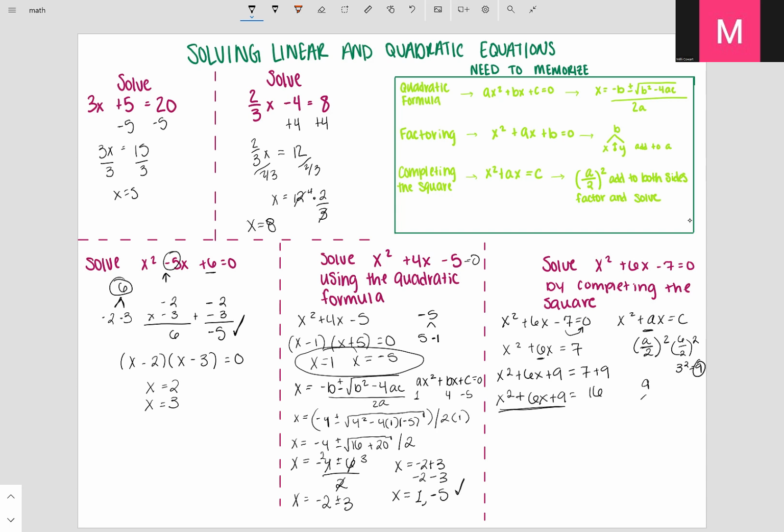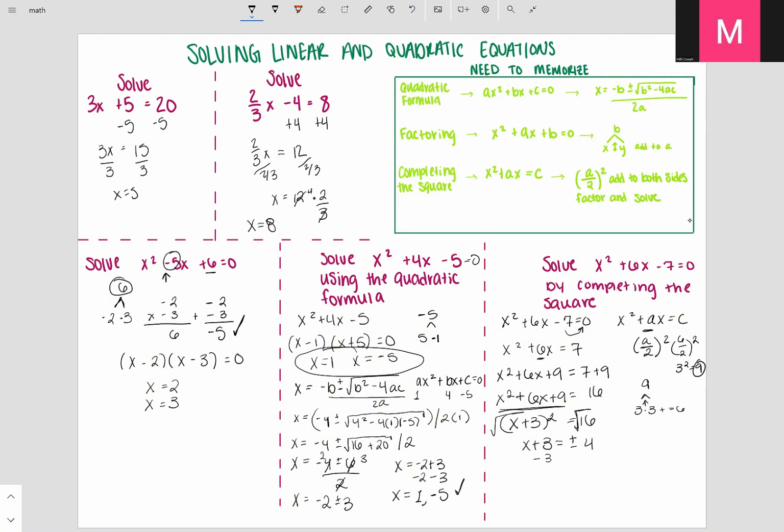So we have 9, multiplying 3 times 3 equals 9, and adding them equals 6. So we say x plus 3 squared equals 16. And this is what we mean by completing the square. So we'll take the square root of each side, and we'll have x plus 3 equals plus or minus 4.